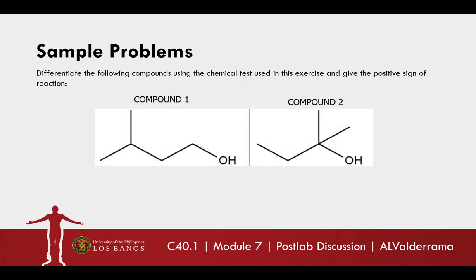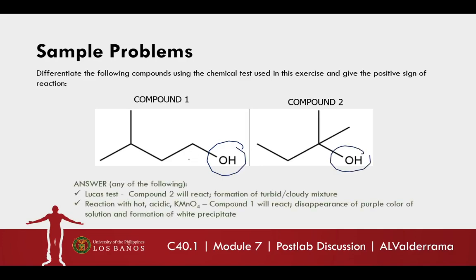So, how about the next pair of compounds? We have here a primary alcohol and a tertiary alcohol. So, pwedeng Lucas test since compound 2 will react. So, mabilis yung reaction natin dito kasi tertiary ito. Or pwede ring hot acidic KMnO4. So, ang mag-react lang kasi sa KMnO4 is primary and secondary lang, di ba?